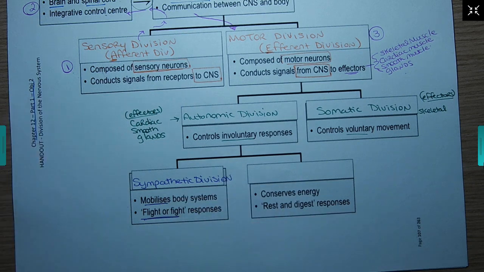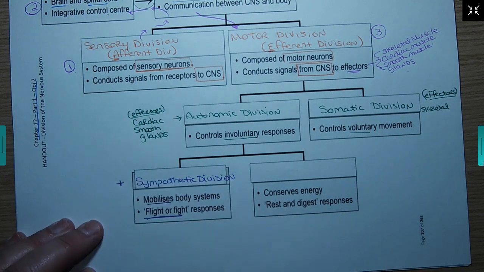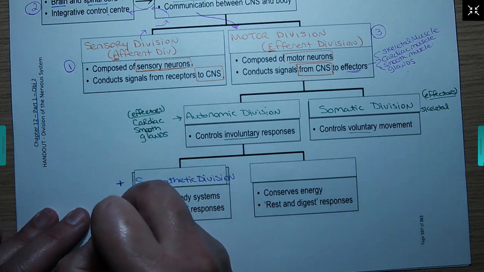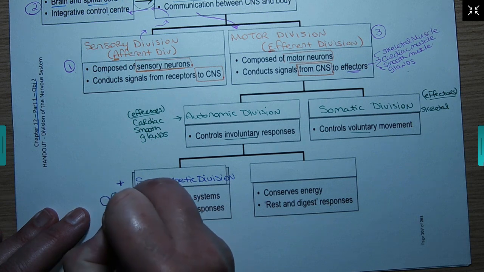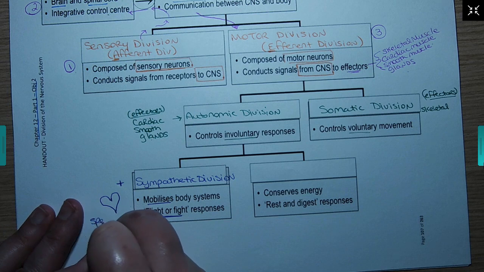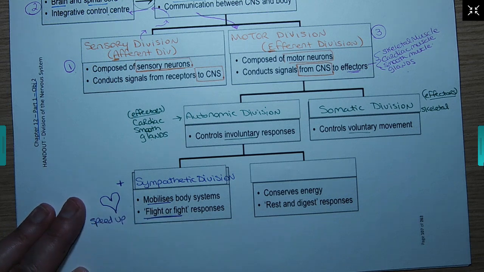It's getting you ready for physical activity. Fight or flight. So I'm going to put a little plus sign here, because as far as if we were to use the heart as an example, notice this is involuntary, so I can use heart muscle as an example. If the sympathetic system was engaged, it's going to, for example, speed up the heart, right?